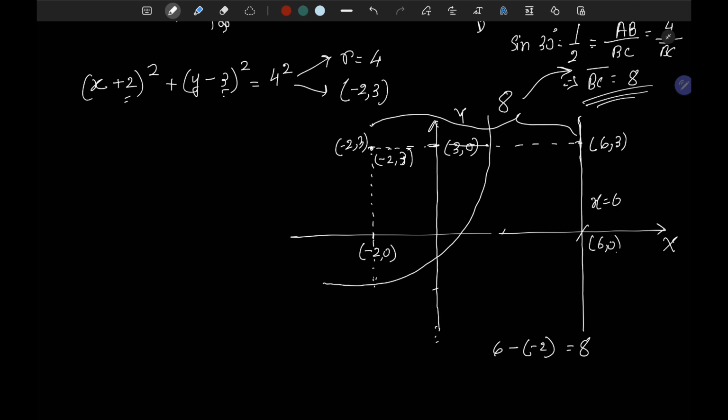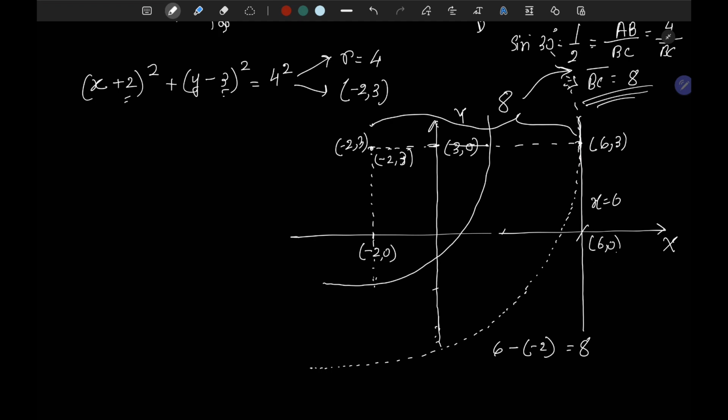That means if you try to visualize a bit, coordinate geometry is all about visualization. If you try to visualize a bit, you can see that the circle L is nothing but like this. It goes like this and it touches exactly at this point and moves away again.